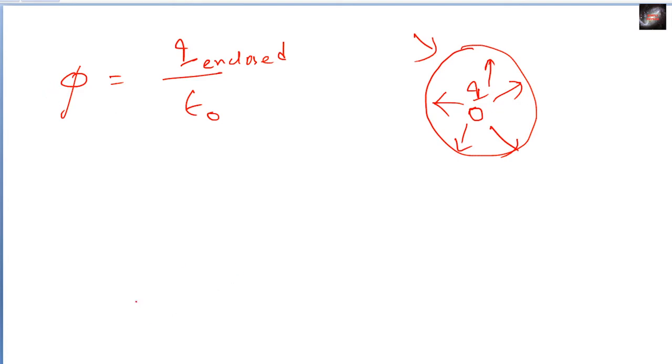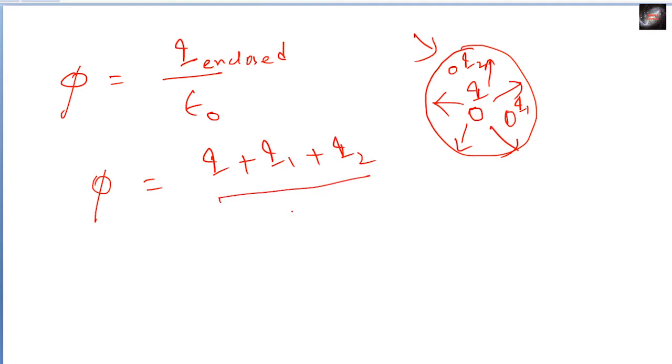So according to Gauss's law, the total flux that passes through a closed surface is equal to the total charge enclosed by that surface. If instead of only this Q, इधर अगर और भी चार्ज रहता Q1, Q2 करके, in that case Gauss's law would be Q plus Q1 plus Q2 divided by epsilon 0.